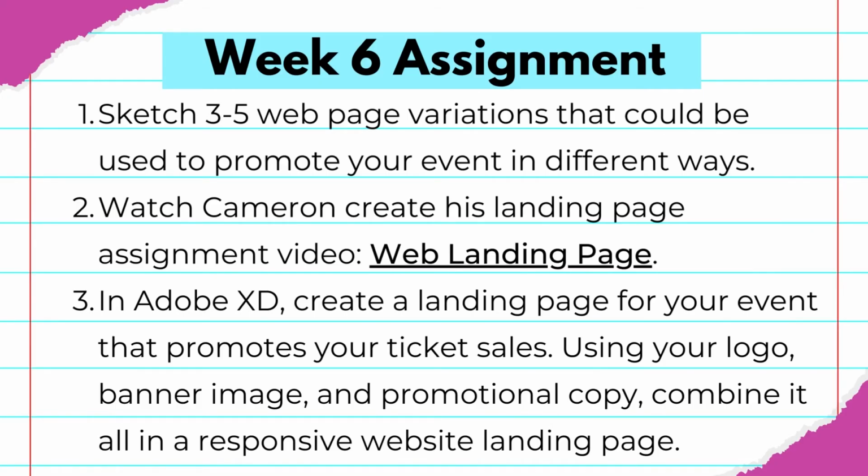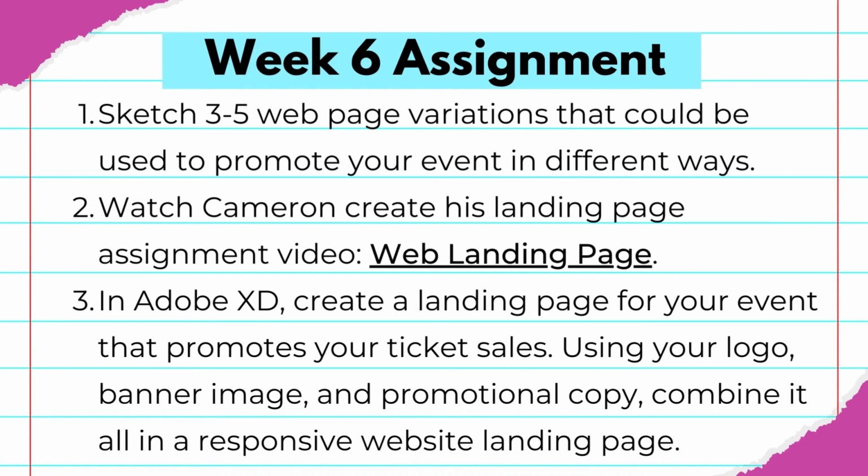To discuss a little bit more on the week 6 assignment, first, you will sketch out 3 to 5 web page variations that will be used to promote your event in different ways. Next, you're going to watch the video with Cameron creating his website landing page in Adobe XD. And for his example, he is creating a website landing page that is based around his Halloween event.